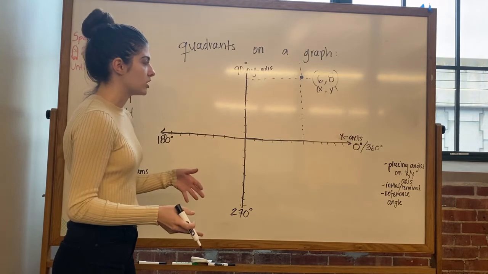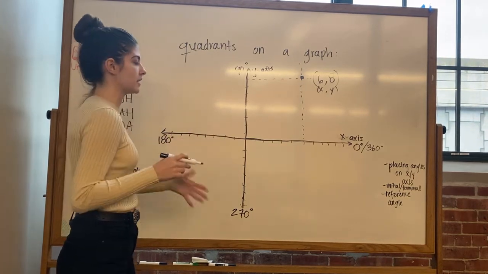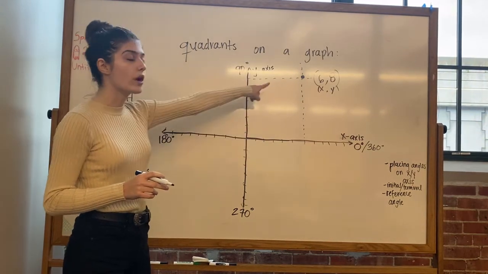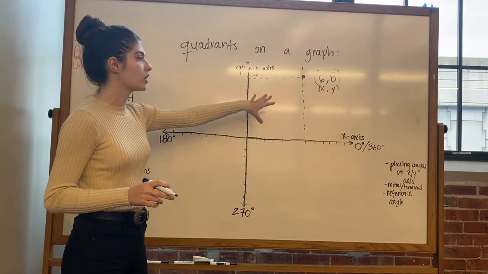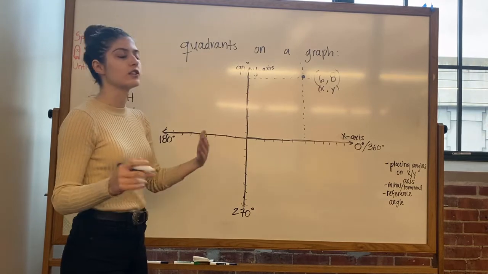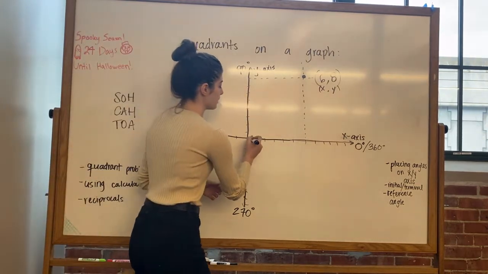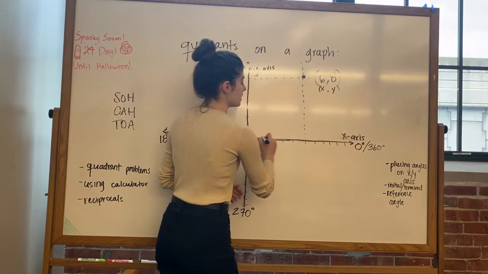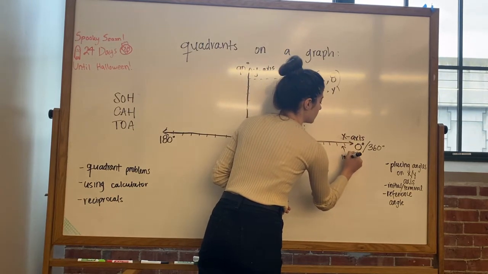Well, now let's imagine that we place that circle, those 360 degrees, on top of this xy axis. And now we have a point on a graph, and we want to find the angle that is formed by the terminal side that goes through that point. So what does that look like? Well, this right here is always our initial side, just like we did yesterday with our coterminal angles.